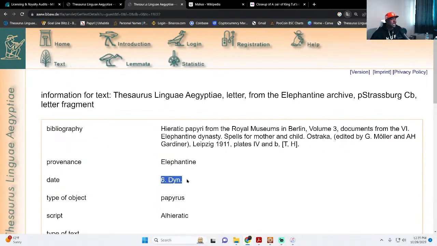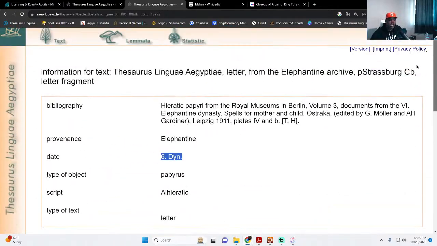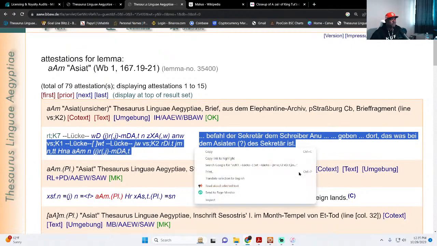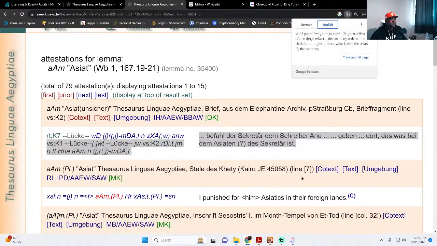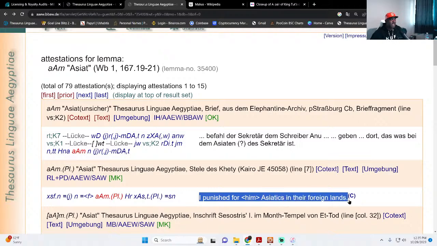So this is the 6th dynasty, where in this text corpus we have the first occurrence of A'amu, at least on the attestation we're looking at now, because they write A'amu in different ways, and you'd have to look at those too. So this is from the 6th dynasty, but it jumped. You don't hear nothing about that no more, at least in the text that we found, up into the Middle Kingdom. MK. With the term A'am on the stela of Keti, I punished for him Asiatics in their foreign lands.